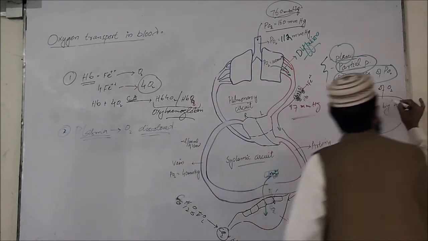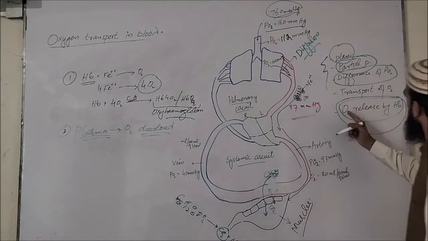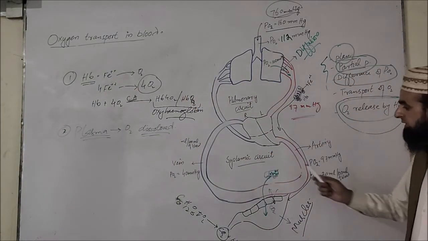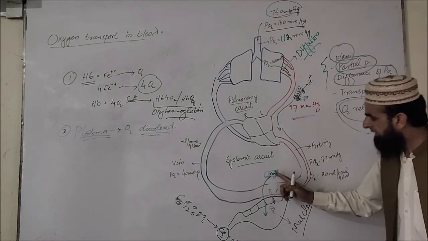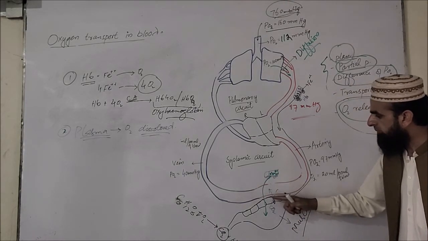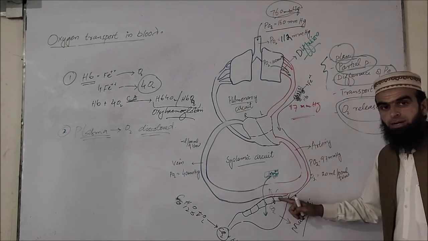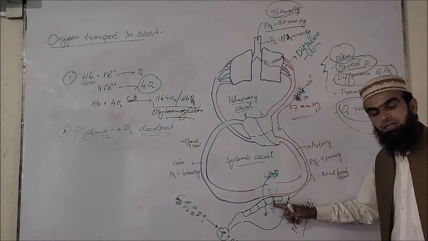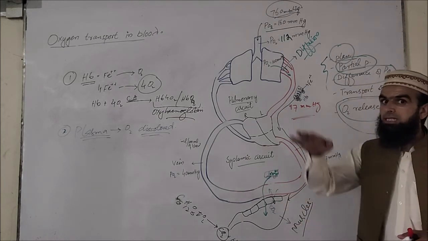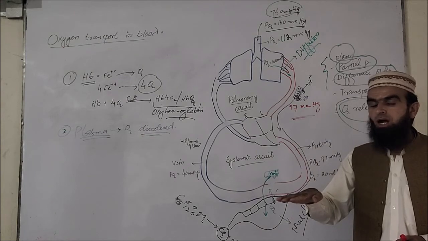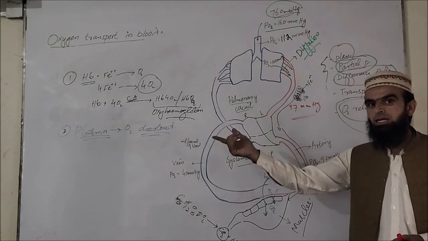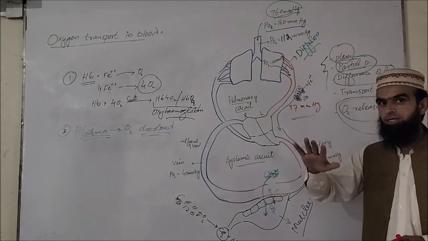So the last part of our question is oxygen released by the hemoglobin. How does this oxygen release take place? This oxygen release takes place by the effect of carbon dioxide concentration, or by the decrease in pH. How that takes place, we will discuss in the next video on the transport of carbon dioxide.